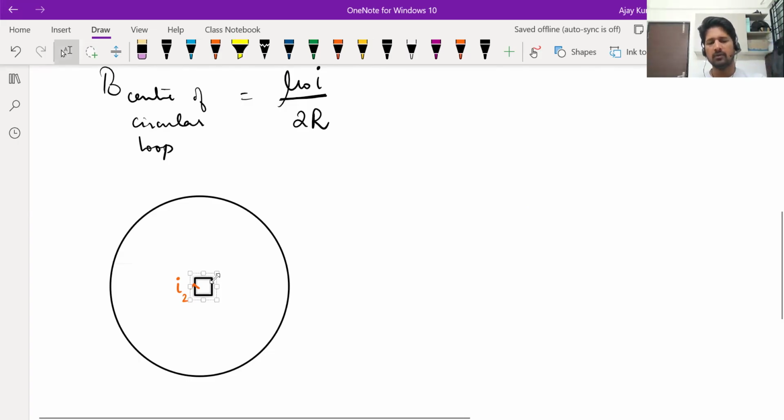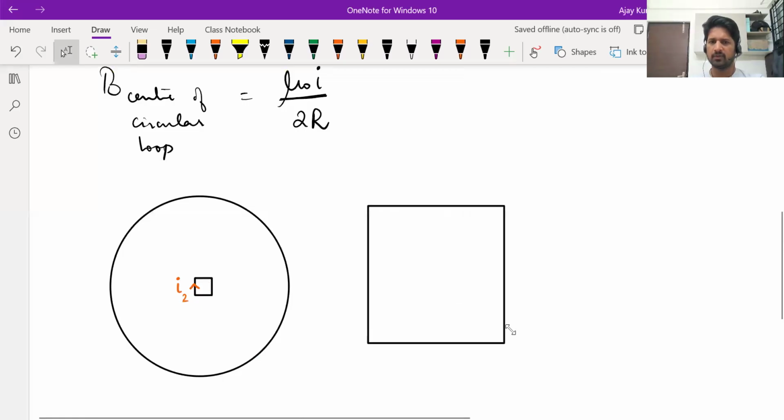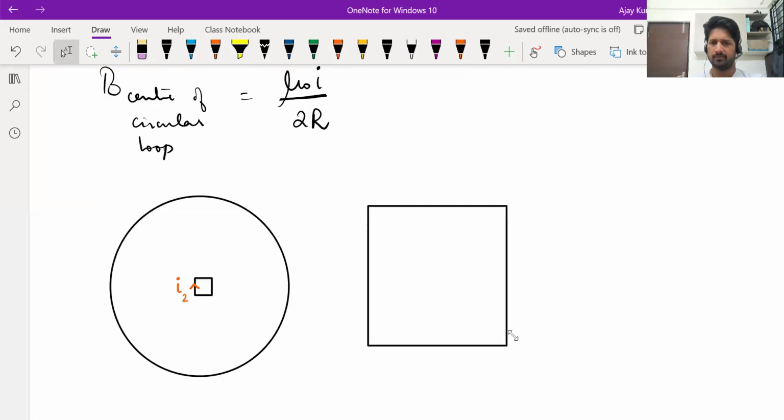Can you express the magnetic field produced by a square loop at any point based on the laws and mathematics that you know?